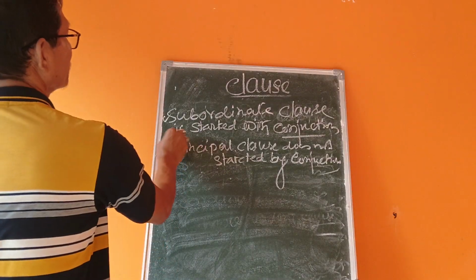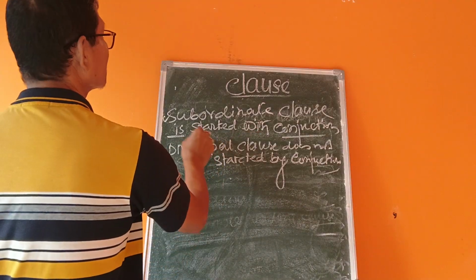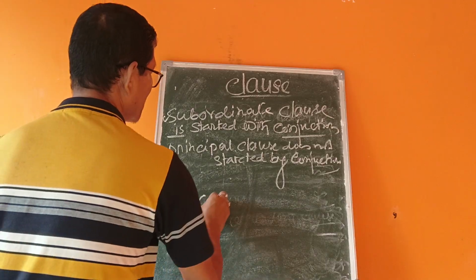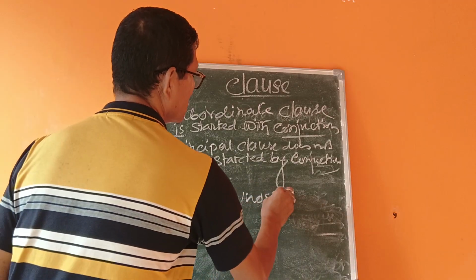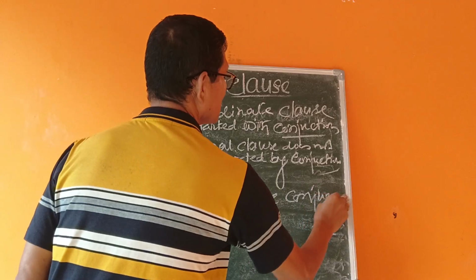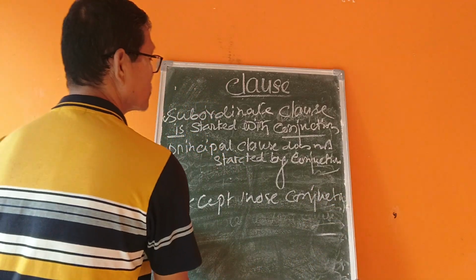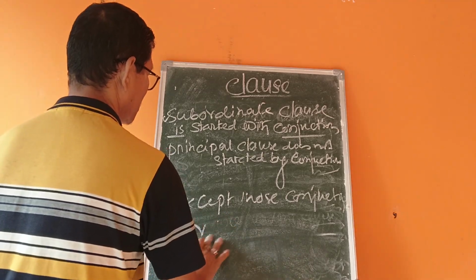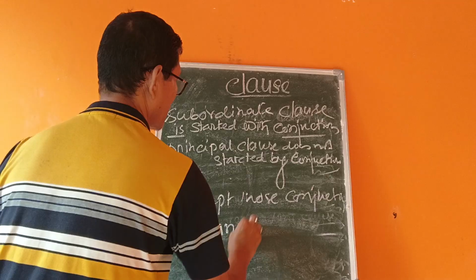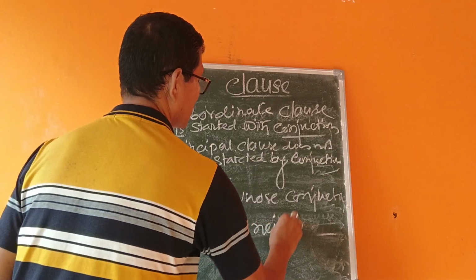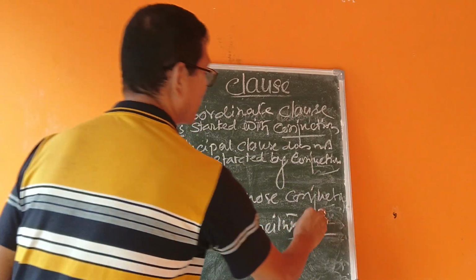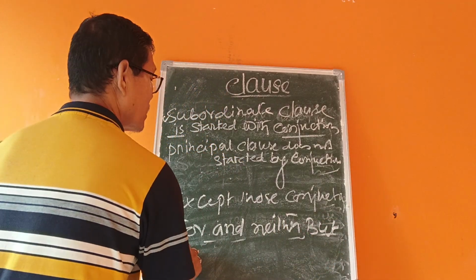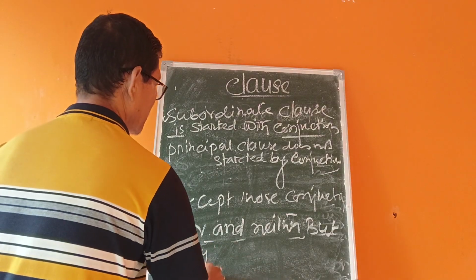There is one exception: a subordinate clause is started with a conjunction, except these conjunctions: for, and, neither, but, or, yet.